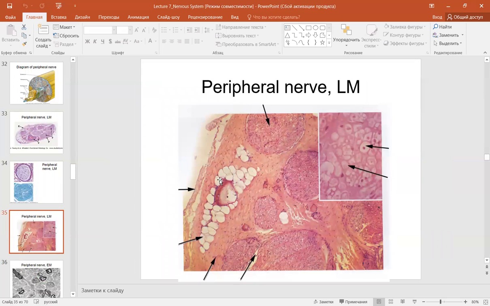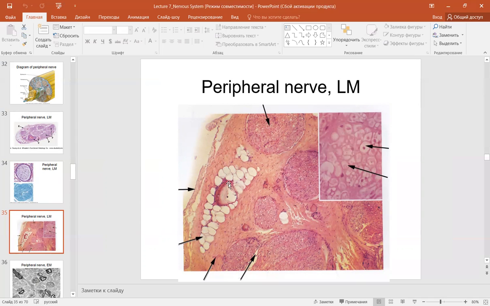Here you have this segment of the peripheral nerve with the myelin sheath surrounding the axon. The dark dot is the axon. The myelin sheath is this clear zone which is surrounding it, since the lipid-rich material was extracted during histological specimen processing.